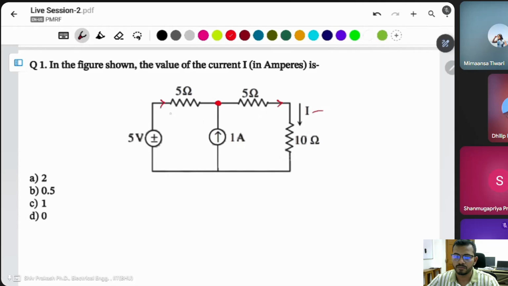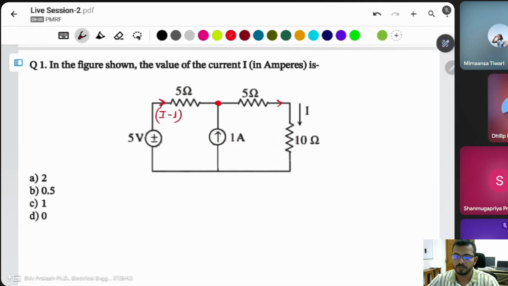Then this current is simply I minus 1. The current is I. I minus 1 current flows here, then I joins here, after that I current flows through this branch.